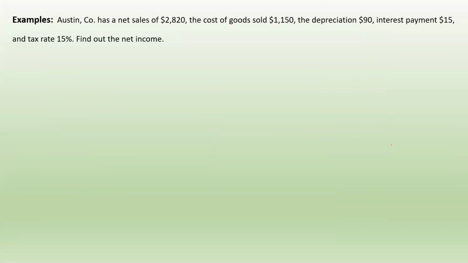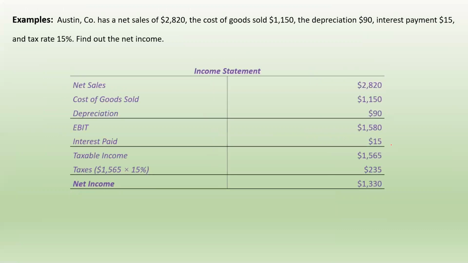Next practice: Austin Co. has net sales, cost of goods sold, depreciation, interest payment, and tax rate, and you are asked to find the net income, which means you should construct an income statement. Net sales minus the cost of goods sold minus depreciation is earnings before interest and taxes, so it's $1,580.